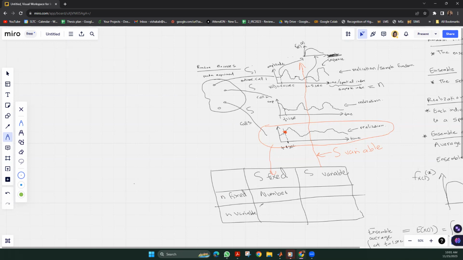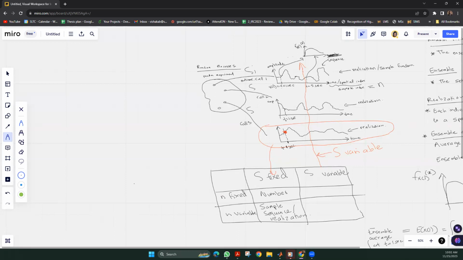So we get a sequence of points, I think, right? A sequence of points, or we can call this a sample sequence, or we actually get the realization. Sample function. We can also call this a sample sequence. We can also call this a realization.